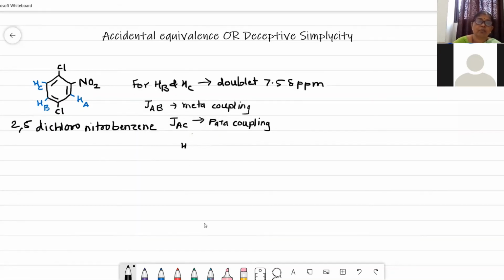For HA type of proton, we get the triplet, and that triplet is obtained at 7.9 delta ppm.